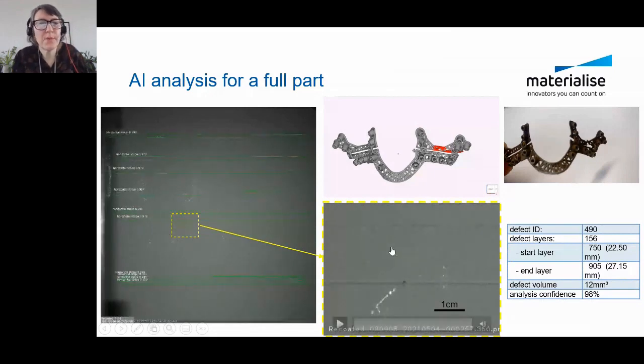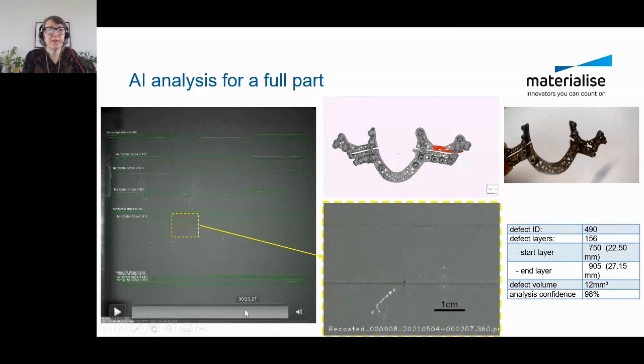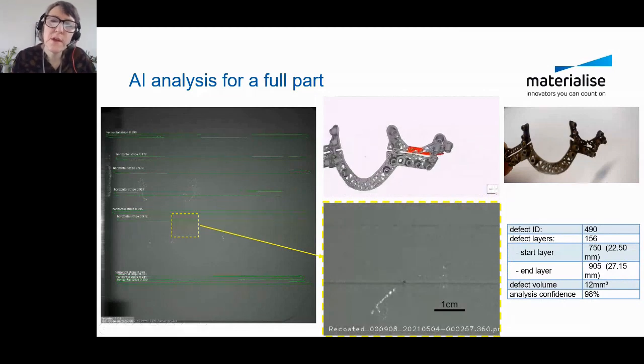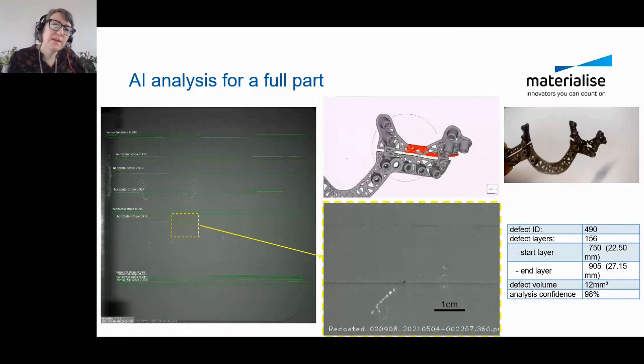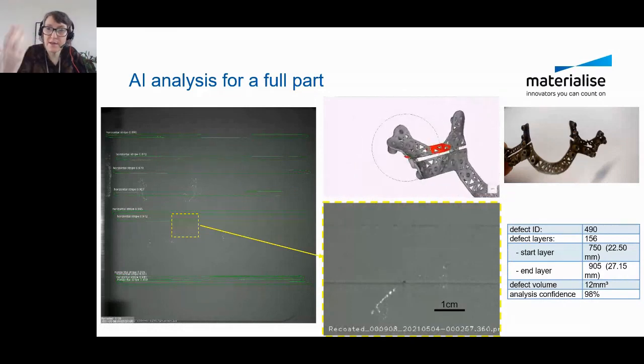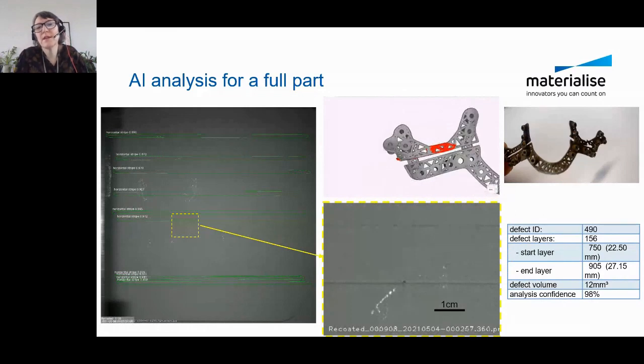So the next step that we take, because it's nice to have all these annotations in the images, it allows us to go further. What we do, and what we've seen is extremely helpful, is we start overlaying the issues that we find in the powder bed with a 3D model, and that really gives us an indication of where there could be damage to the part.